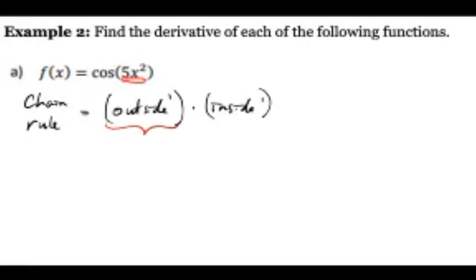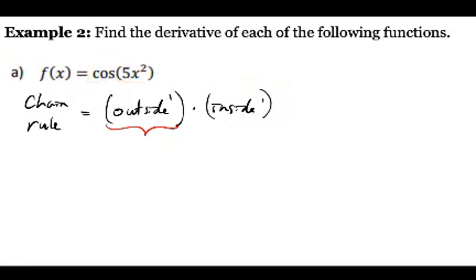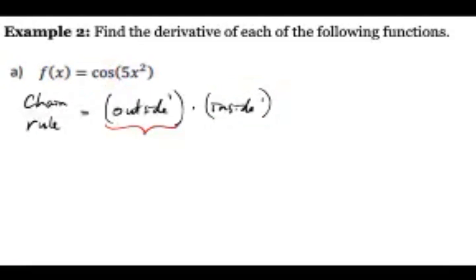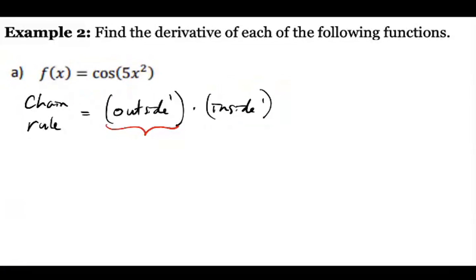So I don't care about the inside part right now. The inside part will have its day. It's going to come next. I'm worried about everything else. So if this is the inside part, I'm worried about everything other than that, which is just cosine. Well, what's the derivative of cosine? Negative sine. So the derivative of the outside is negative sine of the inside, rewritten.